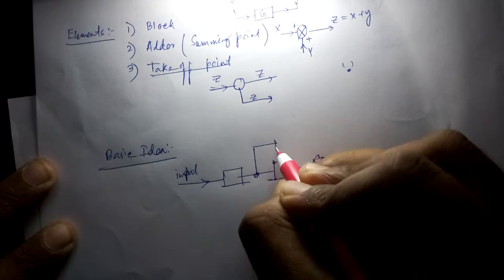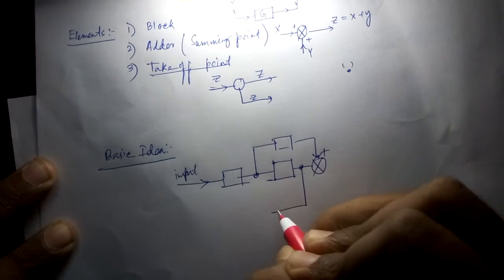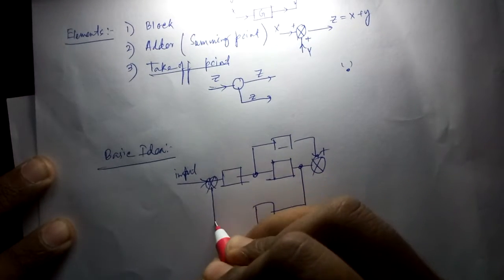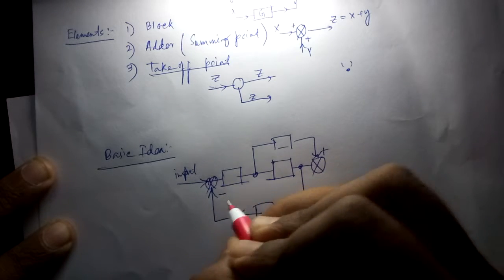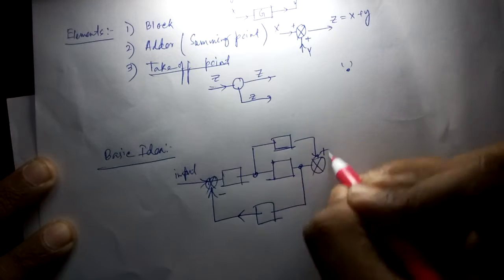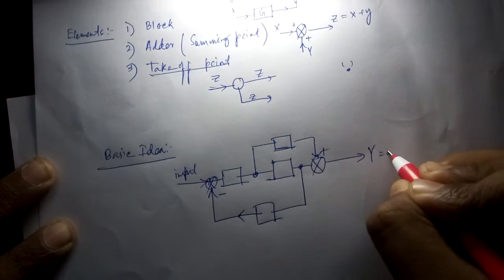At this takeoff point, many systems like this are getting added. Here we are taking a negative feedback. Here we are taking a parallel path. Here is the final output.